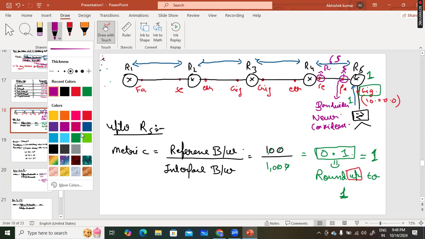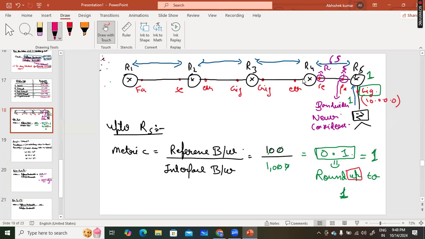See here very carefully. This one is your sending, and this one is your receiving. Which one will you consider, sending or receiving? Sending never considers. That's what I've written here.